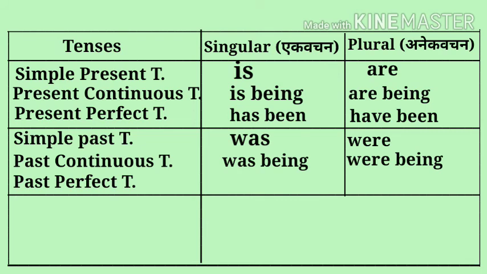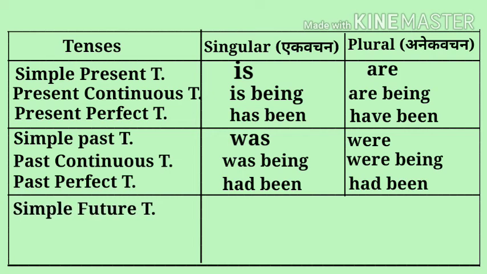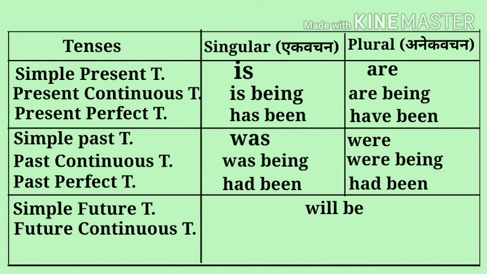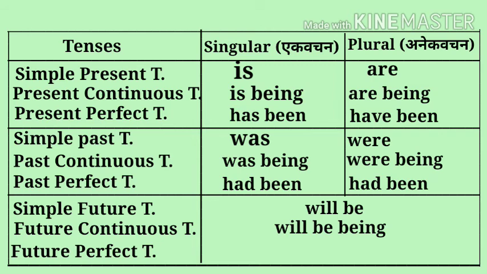If your object is singular, you have to use had been, and if it is plural, you have to use the same, that is had been. And in simple future tense, if it is singular or plural, you have to use will be. Second tense, future continuous tense, for both singular and plural, you have to use will be being. And the third one, that is future perfect tense, for singular and plural, you have to use will have been.